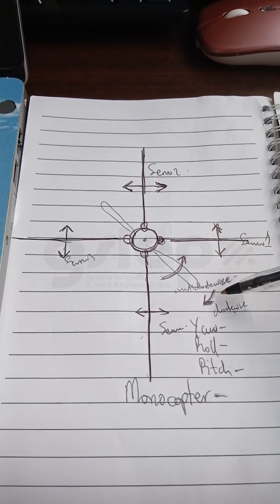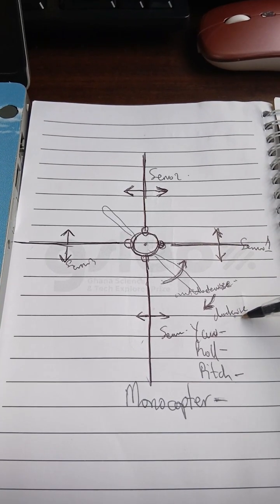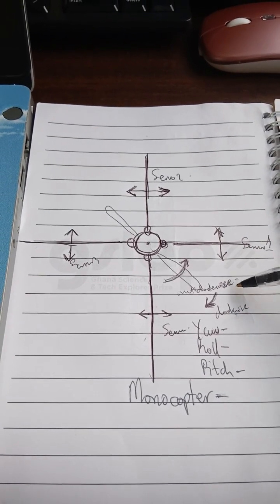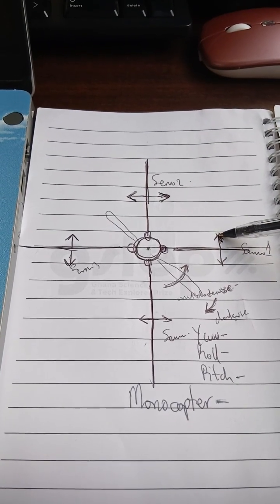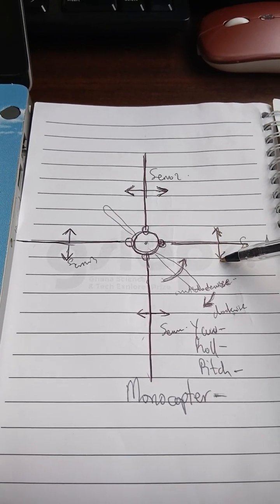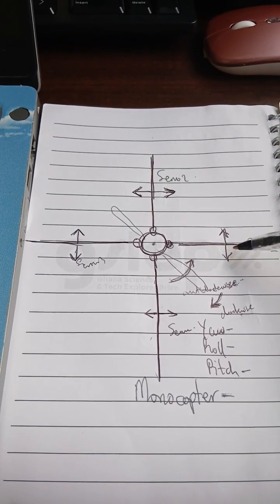So if you want these servos to counteract or stop this clockwise force, that means you have to create a clockwise rotation to create an anti-clockwise reaction, right?